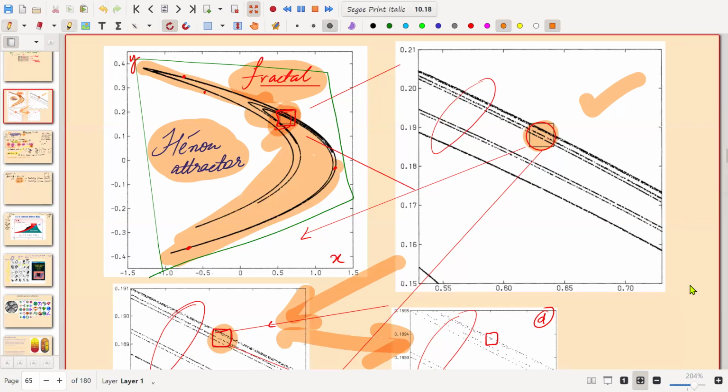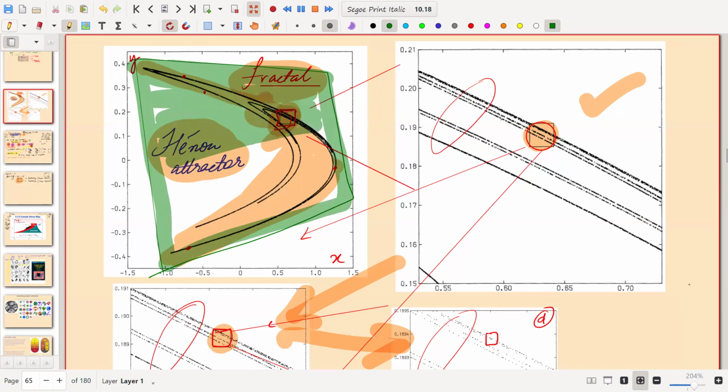So any point you take in this green region will always lead you to the Hénon attractor. It is guaranteed.